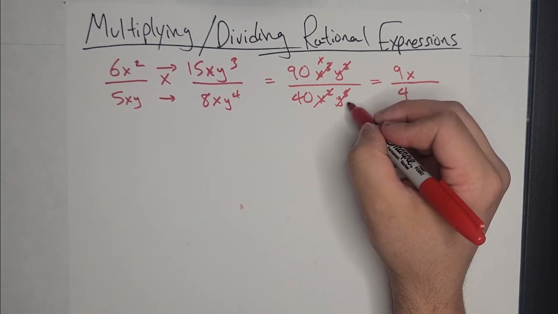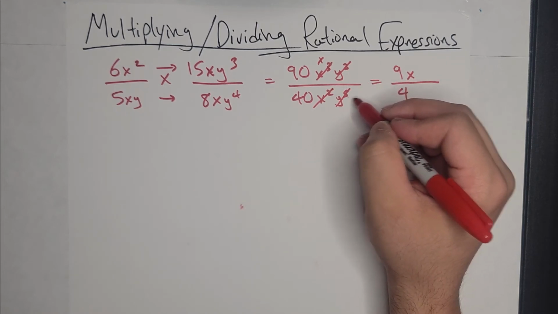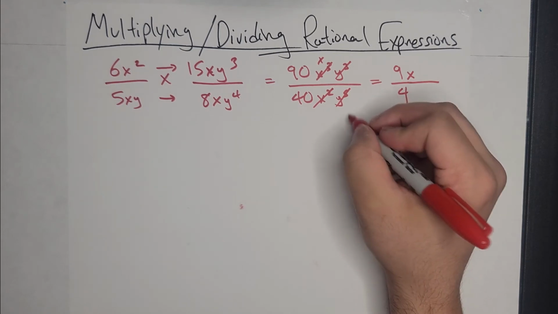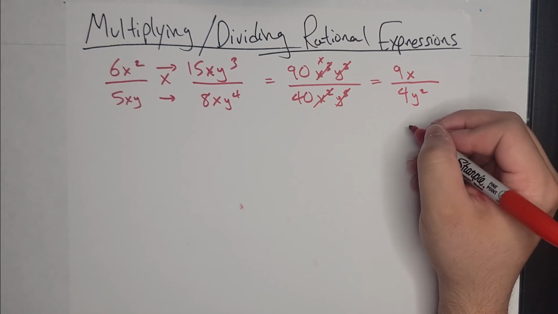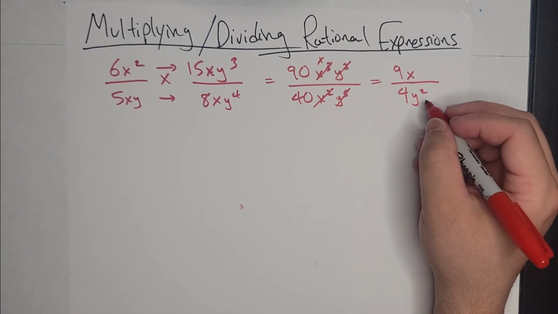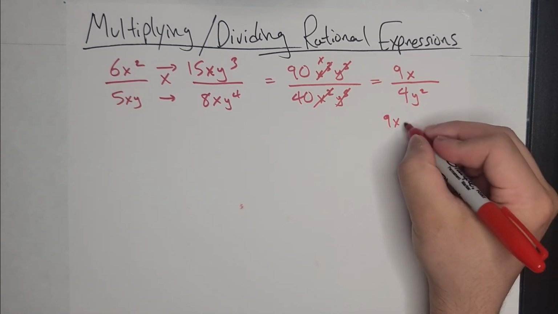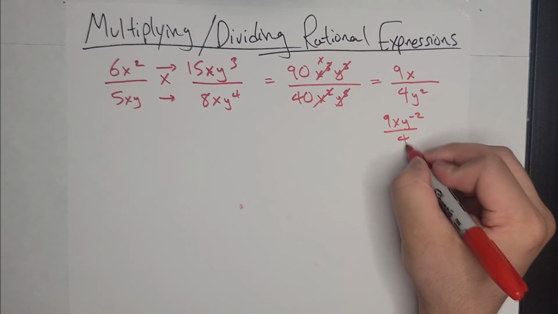On the bottom, 3 minus 5 will give me negative 2. So that's basically like saying that we could have put negative 2 like this, 9x y to the negative 2 over 4.